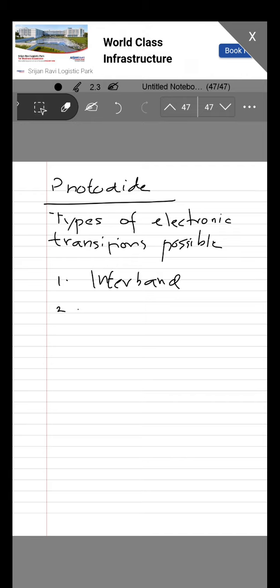The second possibility is the interband impurity transition. And lastly, the barrier height transition, or the Schottky junction transition.